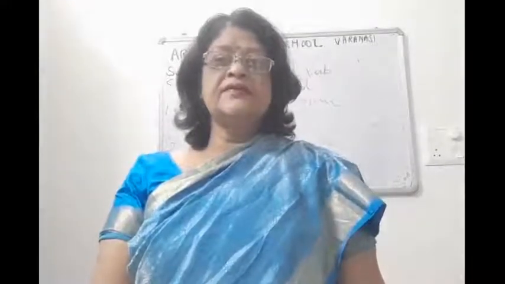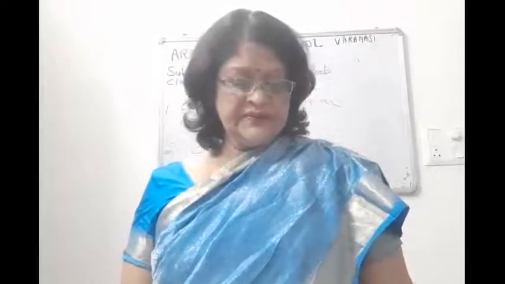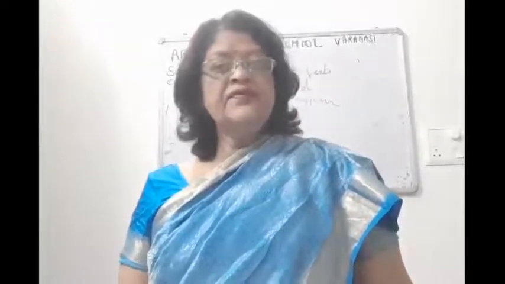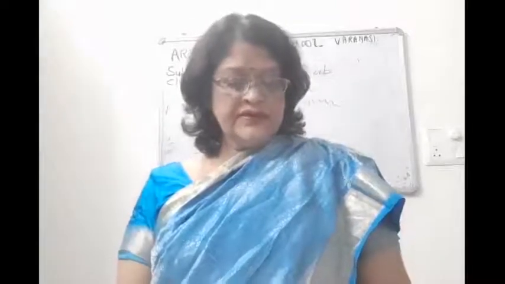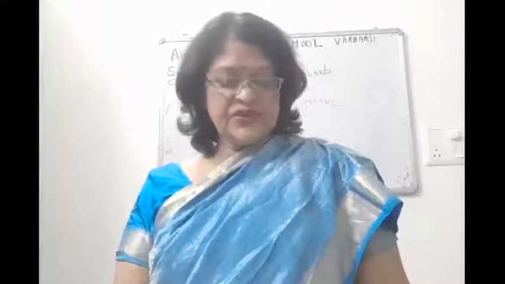Okay, the phrase one is always followed by a plural noun, but the verb is always singular. Now children, if the phrase is there, I already discussed with you what a phrase is. So if there is a phrase in which one is followed by a plural subject, like one of the boys, like one of the girls, then the verb is singular.